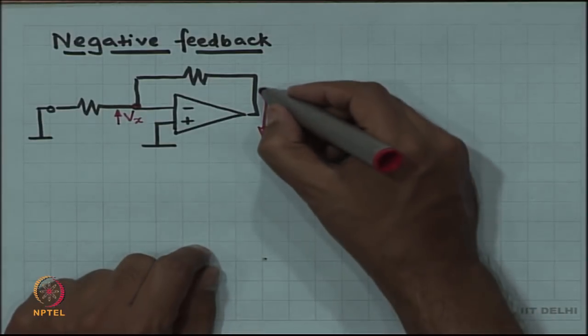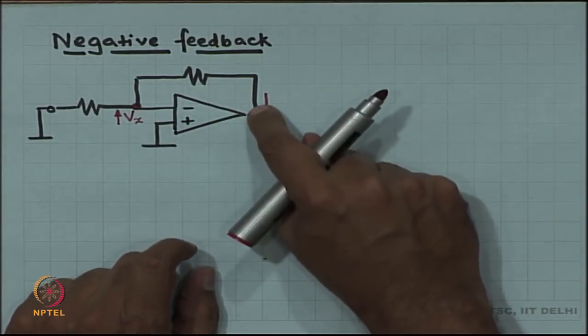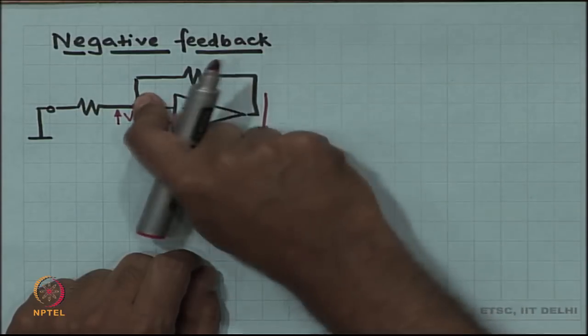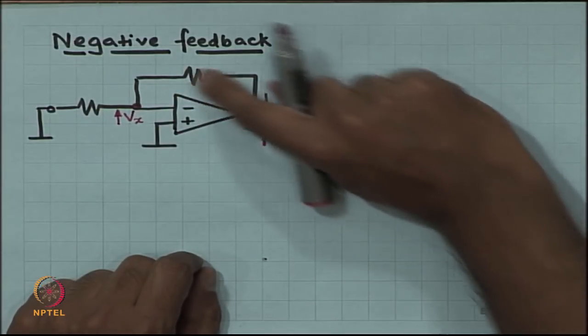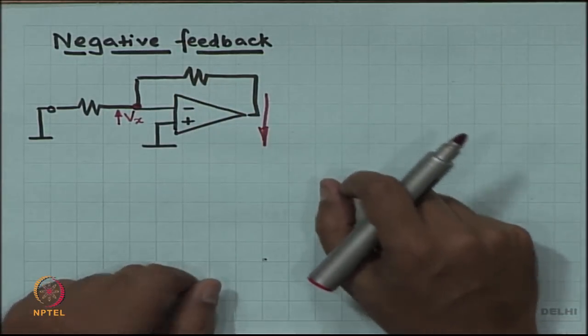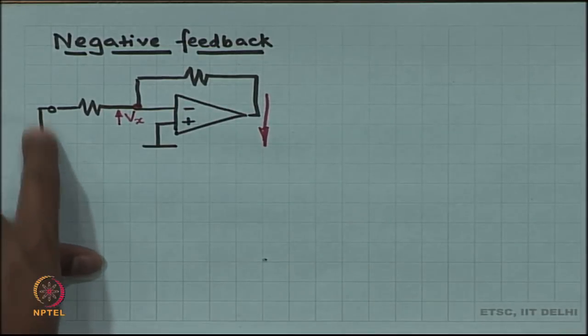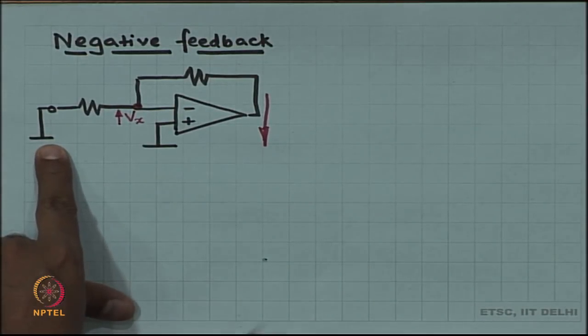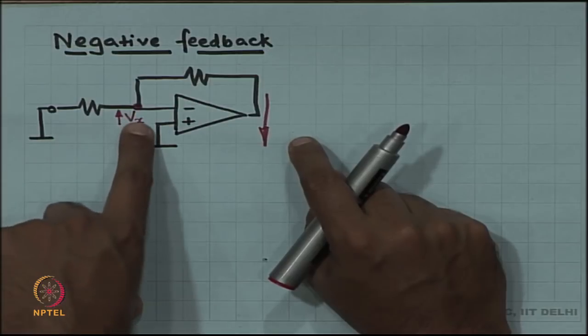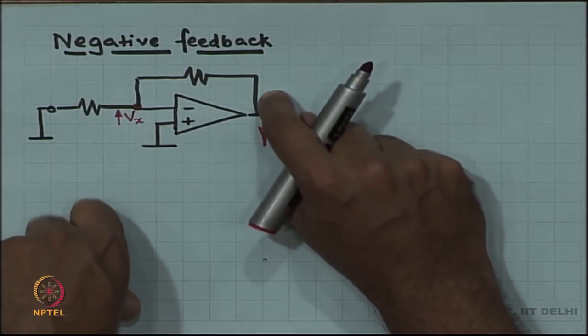and when this voltage goes down, it is going to pull down through this resistor. Now, think of it this way, this side is fixed at ground, and this is at Vx.